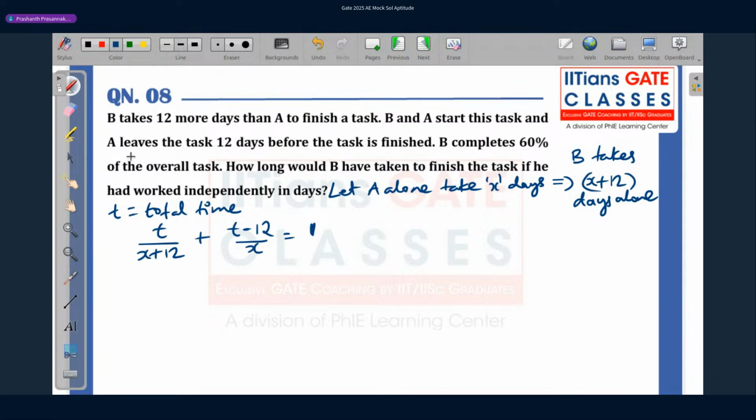What else do we have? That B has done 60% of the work. 60% means 3 by 5, right? So this will give us T divided by X plus 12 is equal to 3 by 5.